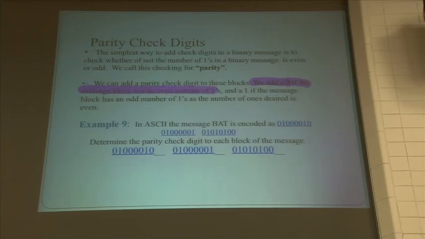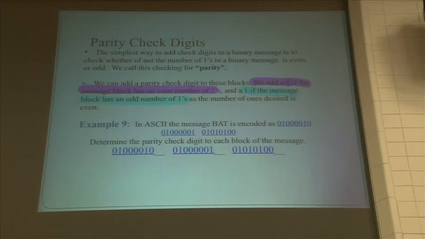If you have an odd number, add a 1. So this is for parity. And a T, if I'm going to enunciate. That's a T, not a D. For the parity check digit, you have an even number of 1s, tack on a 0. You have an odd number of 1s, tack on a 1.